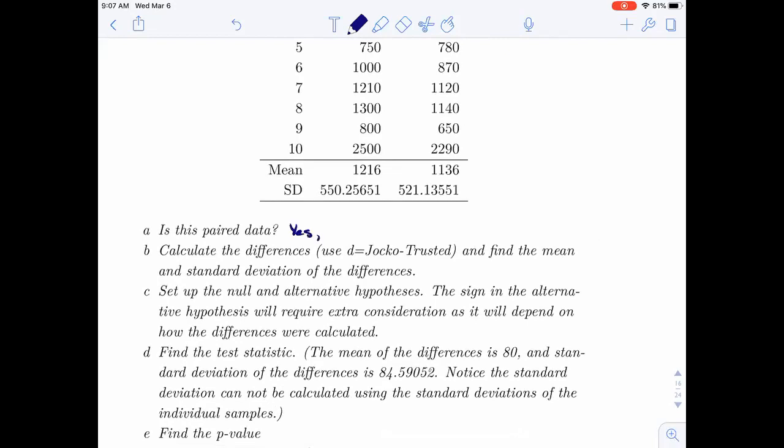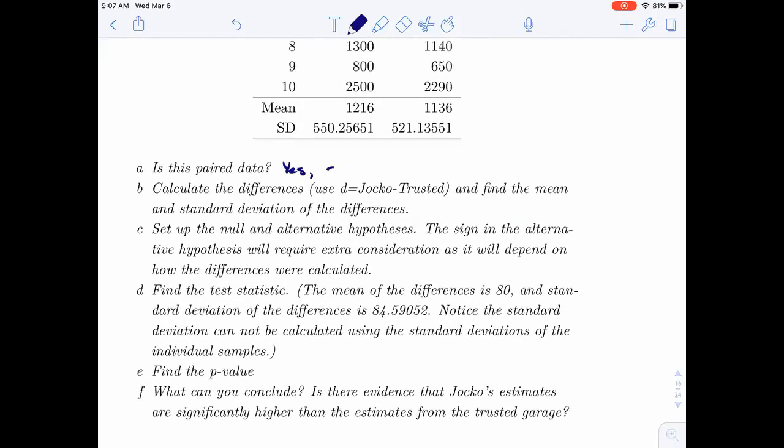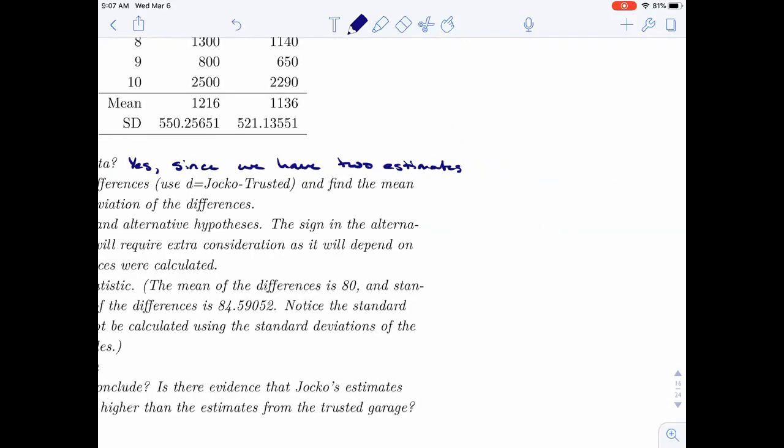Yes, since each car is getting two estimates, we have two estimates for each car. Two observations on each individual or subject is paired data.